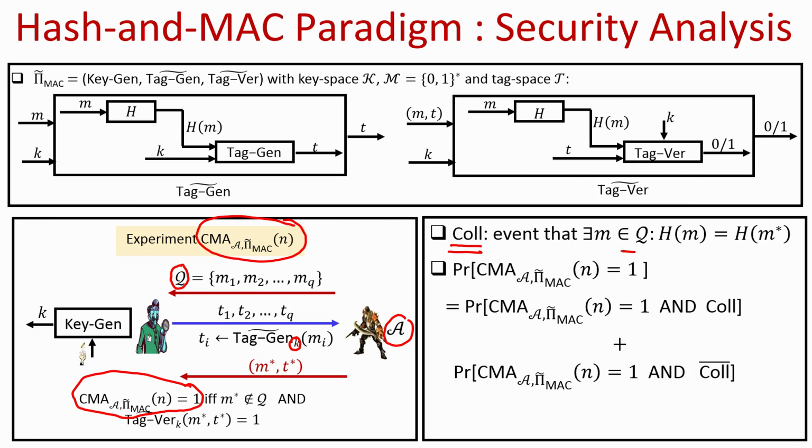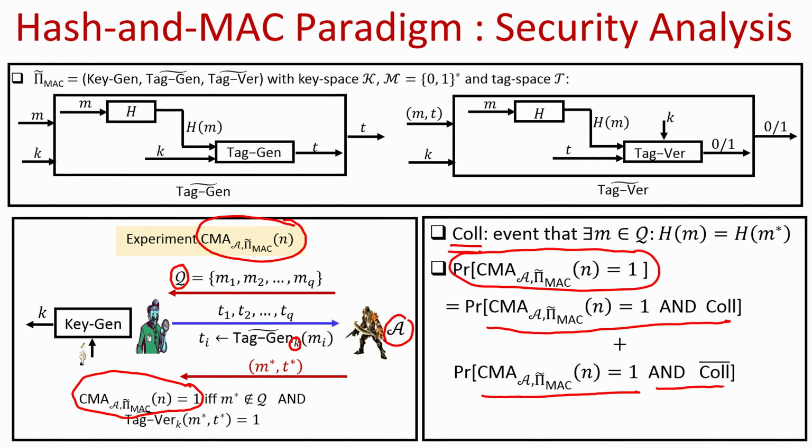So, the overall probability that the output of the CMA experiment is 1 can be written as the probability that the output of the CMA experiment is 1 and the event collision occurs, plus the probability that the output of the CMA experiment is 1 and the event collision does not occur, right.